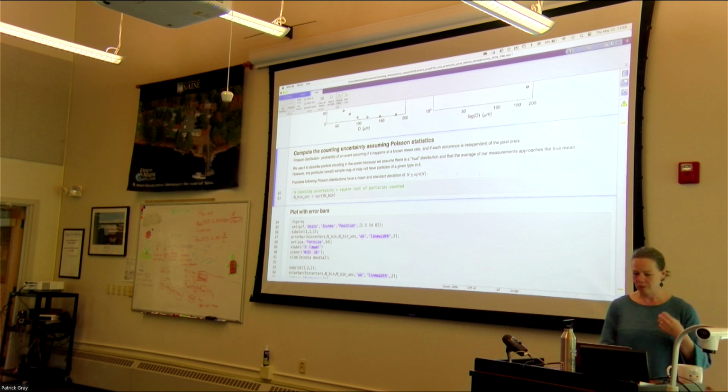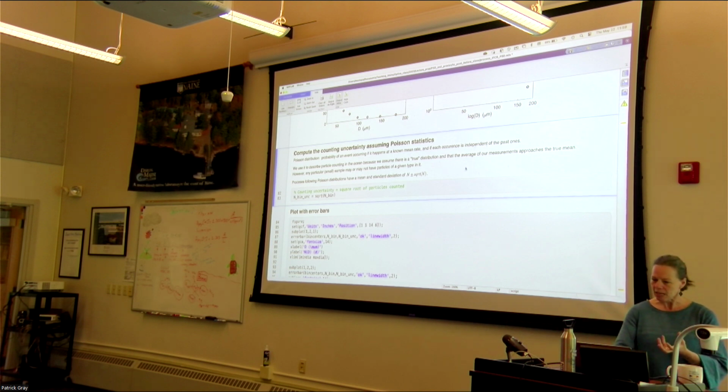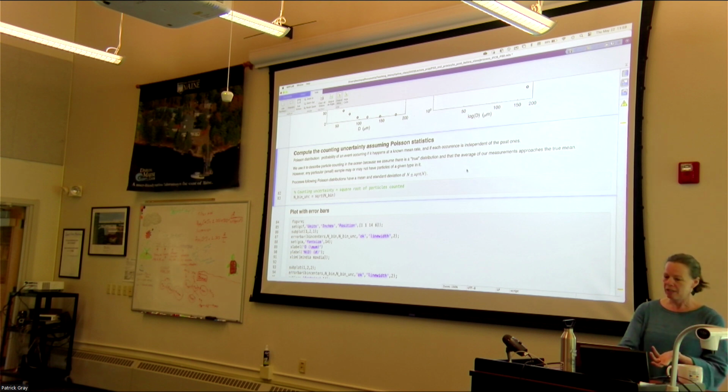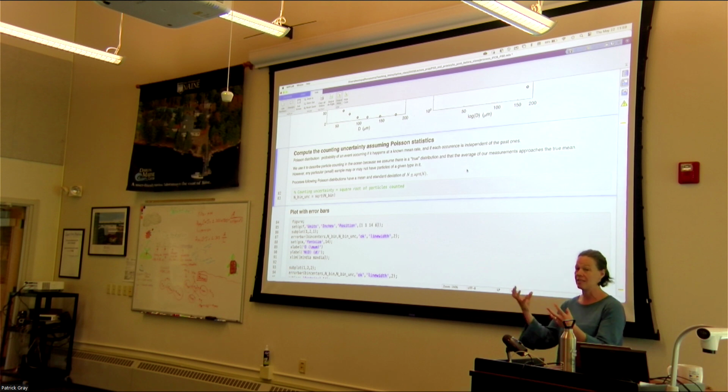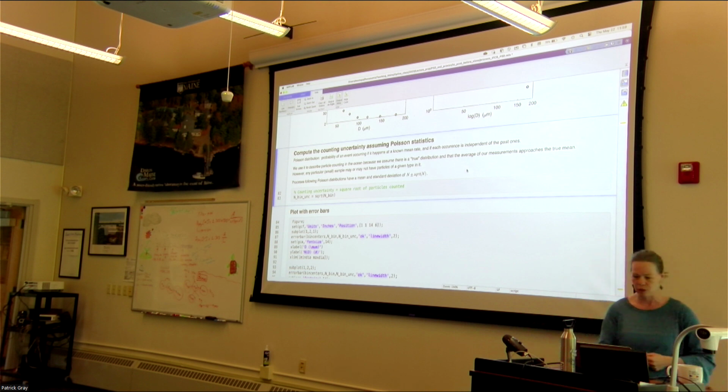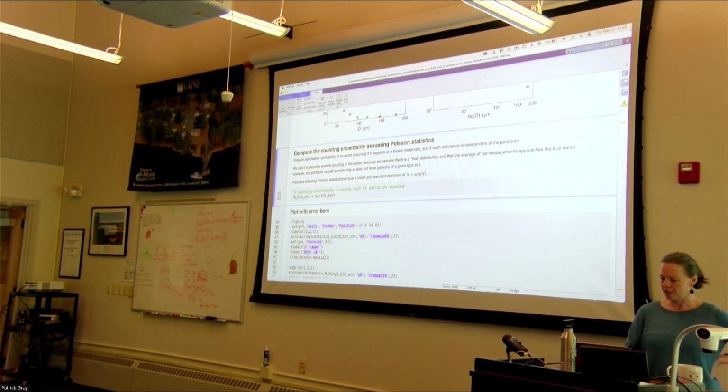So we can make that assumption. If we are following a Poisson distribution, then we would expect the mean to be the mean rate and the uncertainty to be the square root. So processes that follow Poisson distributions will have a mean and standard deviation of the true mean plus or minus the square root of that.